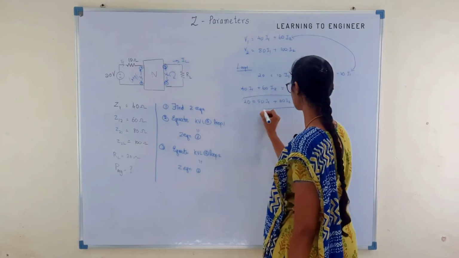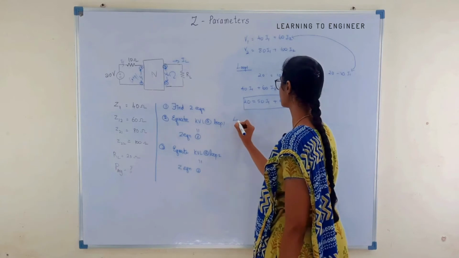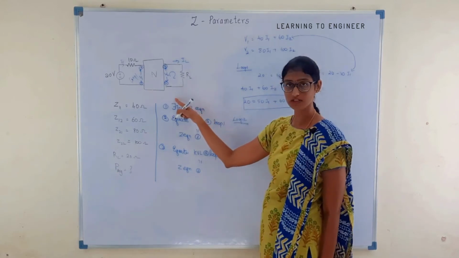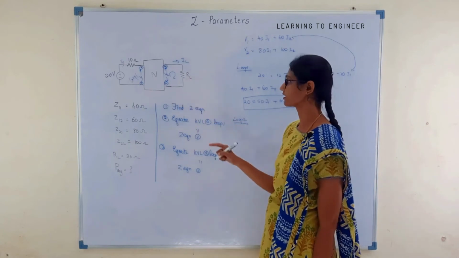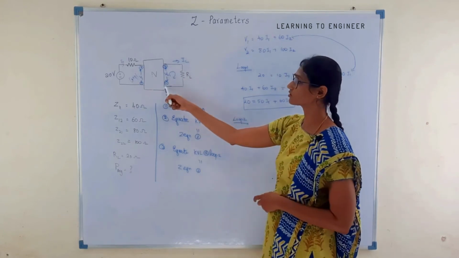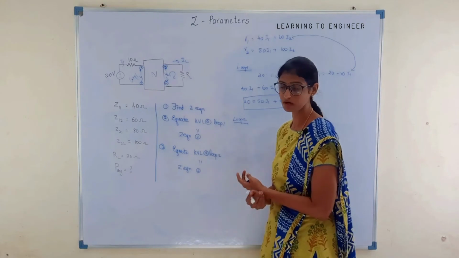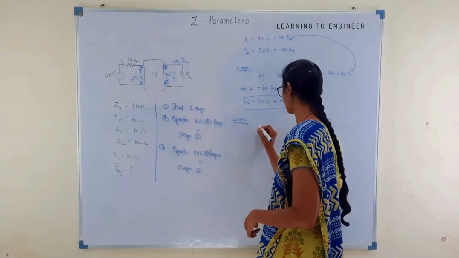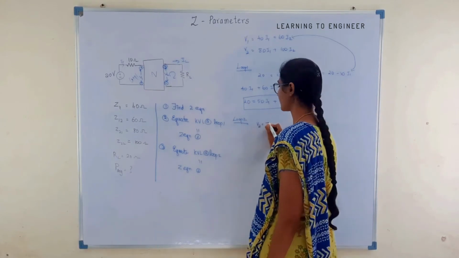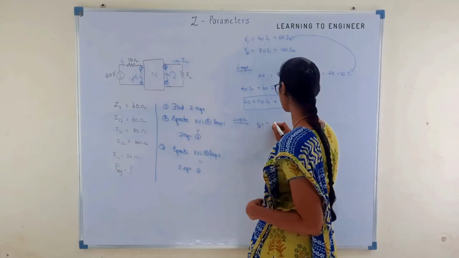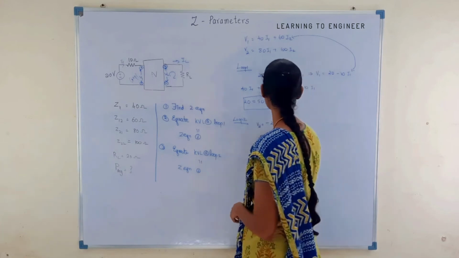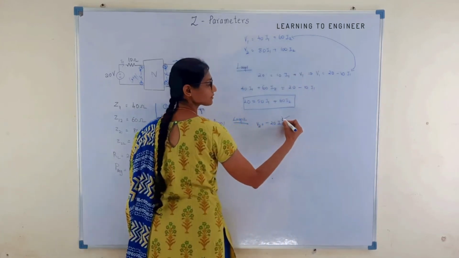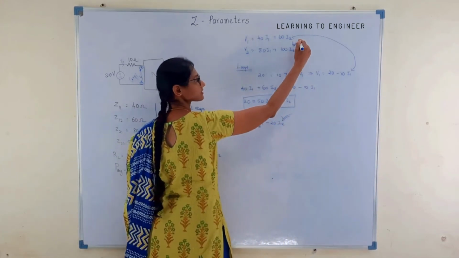We will keep this aside and go to loop 2. If we apply Kirchhoff's voltage law in loop 2, we get V2 is equal to ILRL. Since this V2 is the voltage of the output port, this voltage is negative. V2 is equal to minus of, what is RL? 20. Minus 20 into I2. Now we will equate this and this.